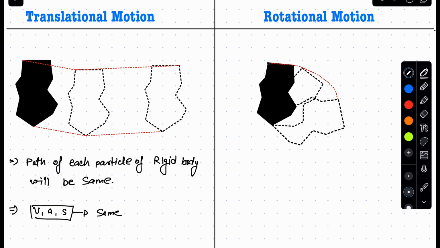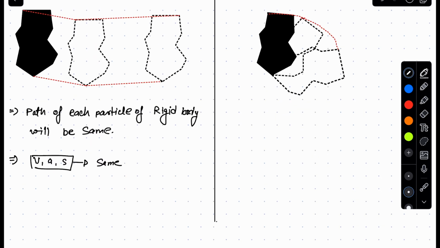So there will not be any difference between the motion of a particle and the motion of a rigid body if it is just performing the translational motion. That's why we can replace it, and that point of replacement will be the center of mass. If you don't know what is the center of mass, you can check my video on the center of mass. So we can replace the rigid body with a point mass.